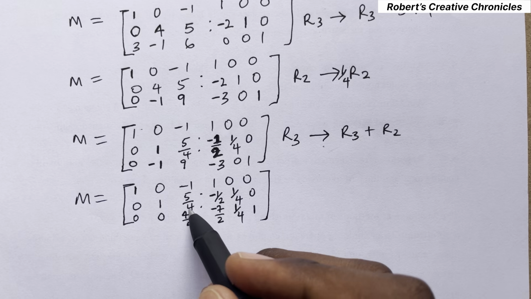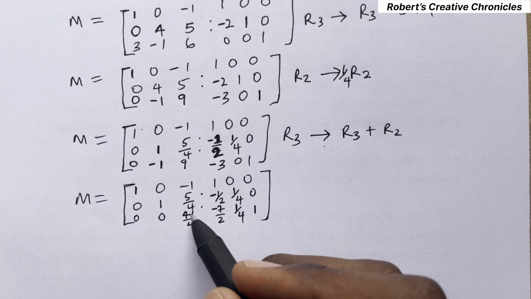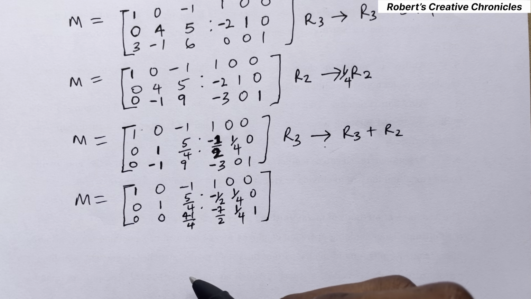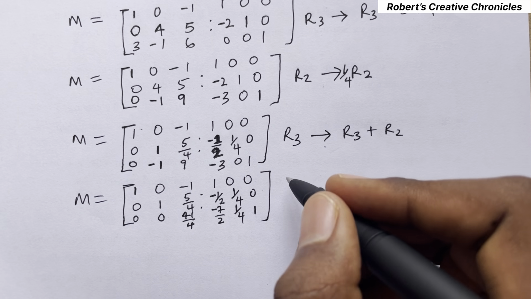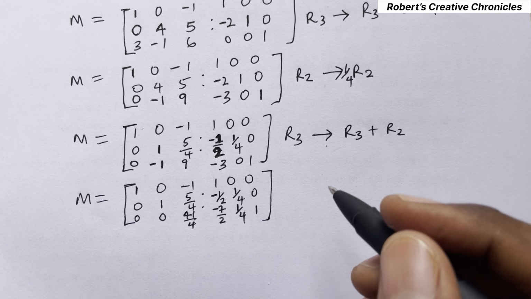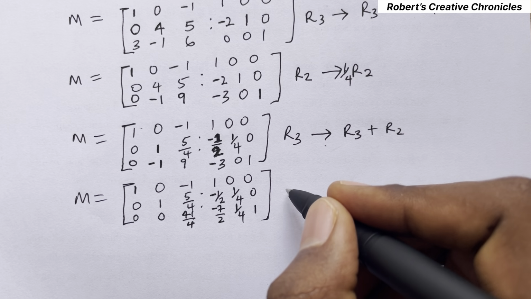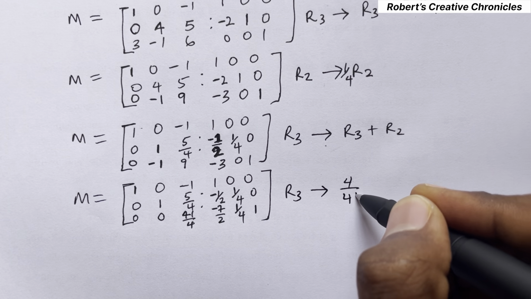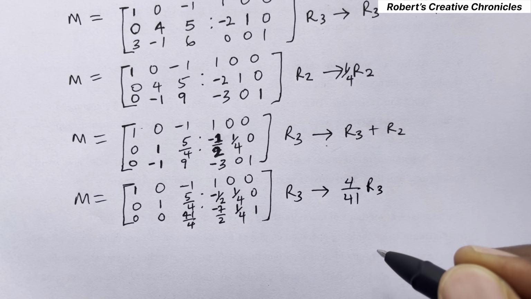So now this one, we can easily convert it to 1 by multiplying the third row by 4 over 41. So the third row can be multiplied by 4 over 41. So it will be row 3 is equal to 4 over 41 row 3.